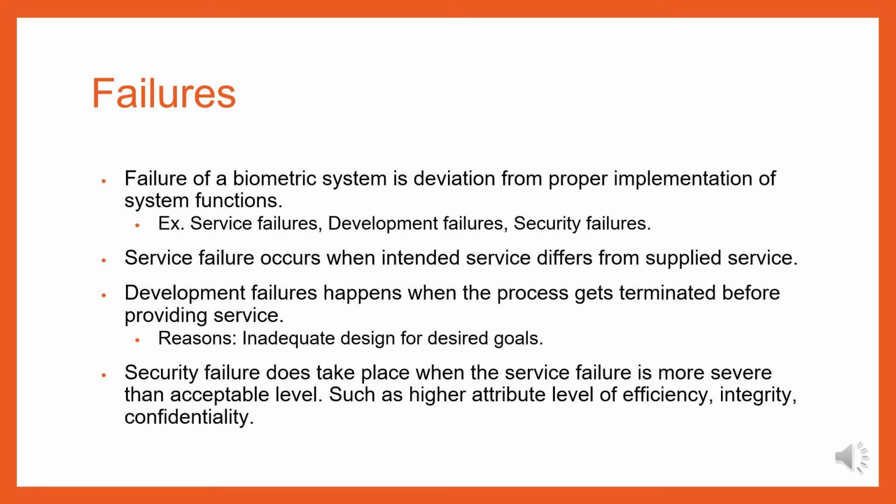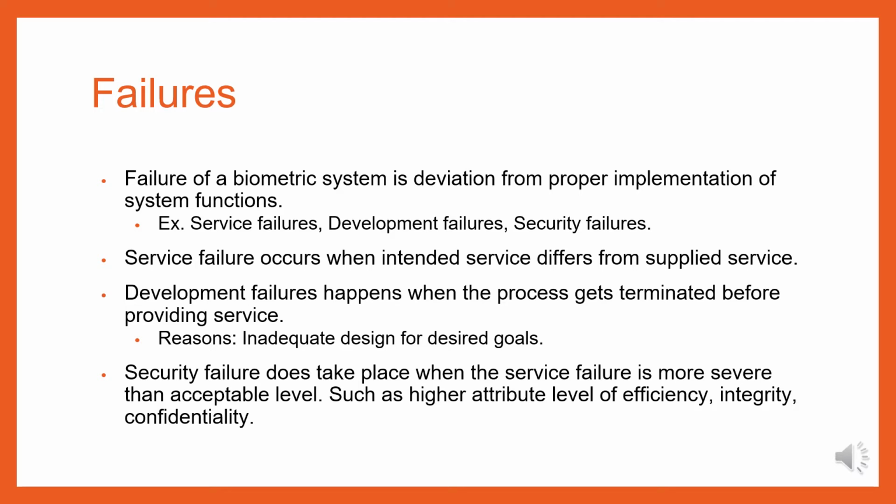Now let's talk about failures. Failures occur due to improper implementation of system functions. For example, service failures, development failures, and security failures. These types of failures can occur due to different types of reasons. The service failure occurs when the service fails to provide intended results as compared to supplied results.